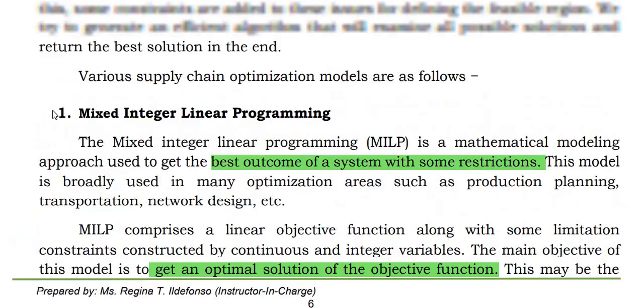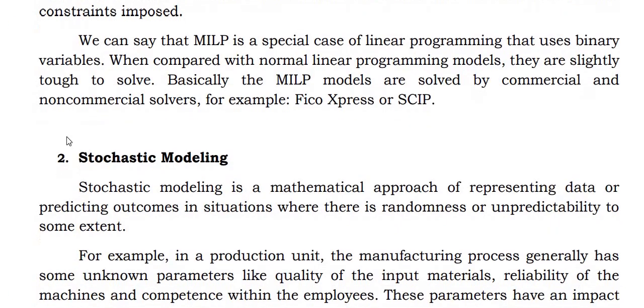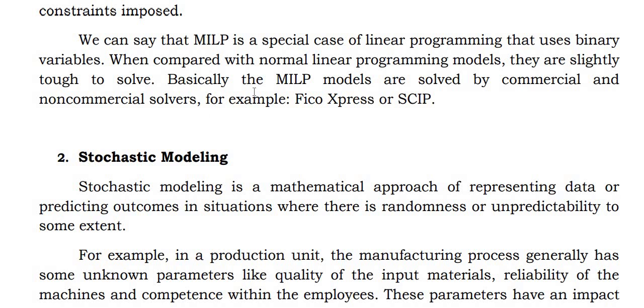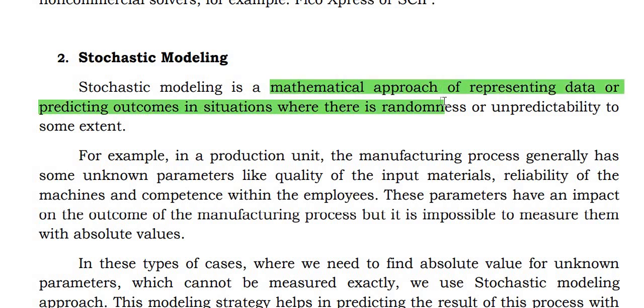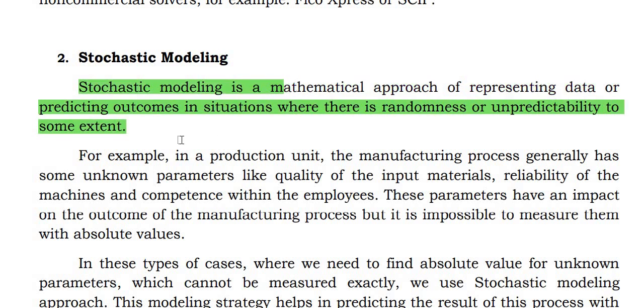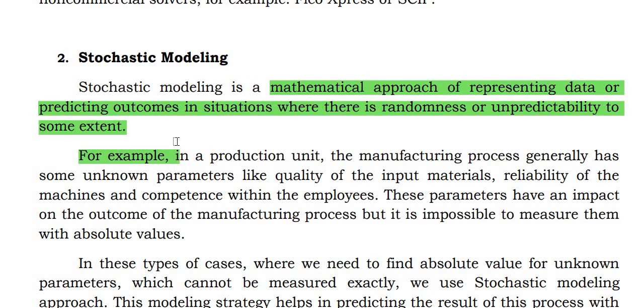So, aside from this one, we also have the stochastic modeling. What are the functions of this stochastic modeling? This is a mathematical approach that represents data or predicts outcomes in a situation where there is randomness or unpredictability to some extent.